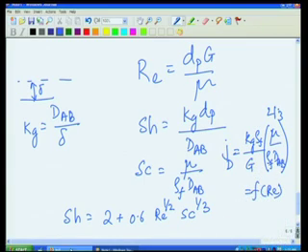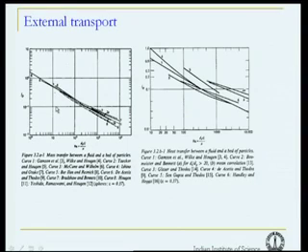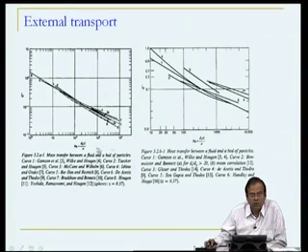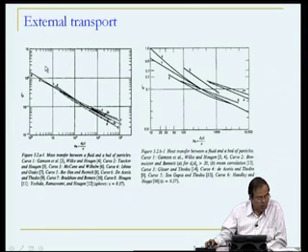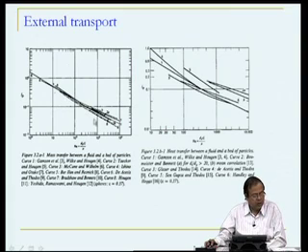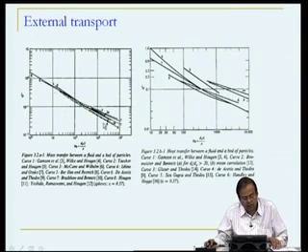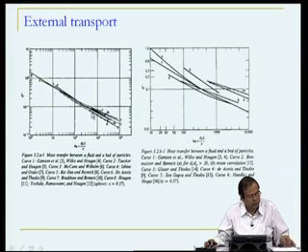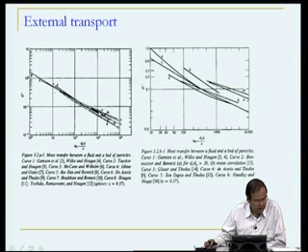What we see here is Reynolds number on the x axis and JD factor on the y axis, and this is a fairly straight line correlation between JD and Reynolds number, with efforts by different researchers showing that the relationship is fairly straight.